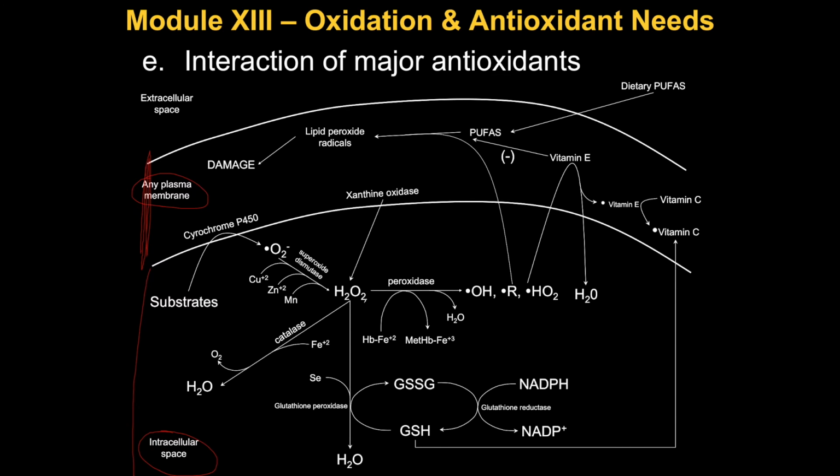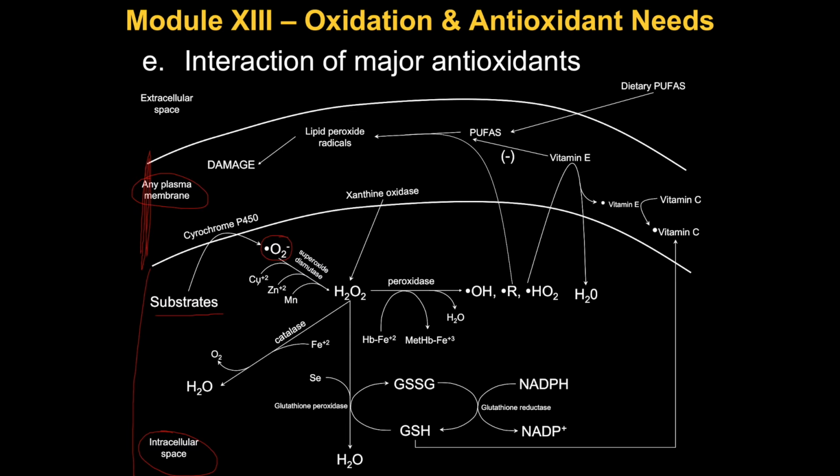So if we start down here with substrates, so substrates are any substances that basically free radicals are going to attack. So it could be DNA, it could be protein, could be a carbohydrate, etc. So substrates interact. They may interact with the cytochrome P450 system, and they may produce a free radical.